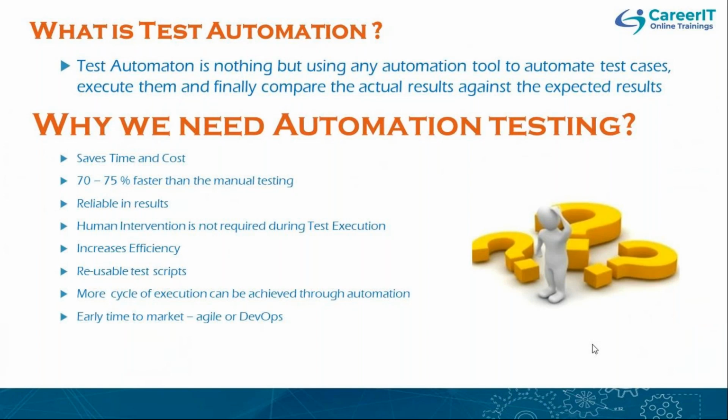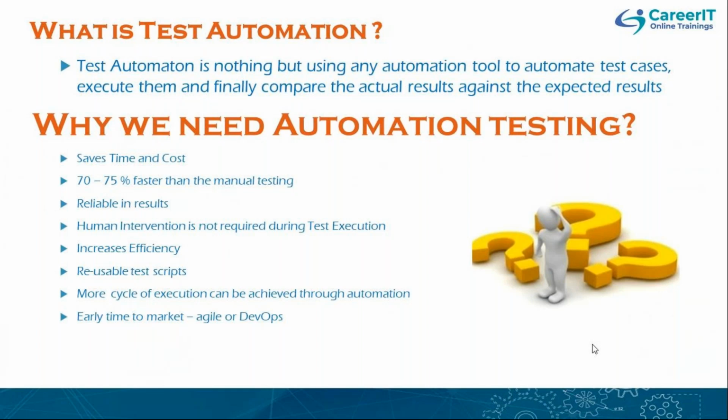And you can run any number of times. Suppose in a day I want to run my automation scripts 2 to 3 times, or as per my requirement I can run n number of times, so that we can release our applications to the market early, as part of current trends like DevOps and Agile. All the stakeholders want to release their products or projects to the market early.